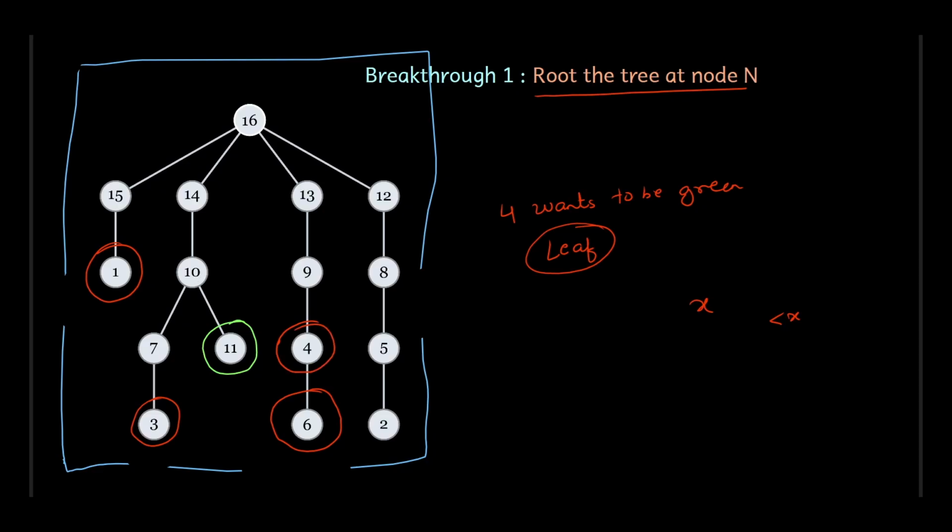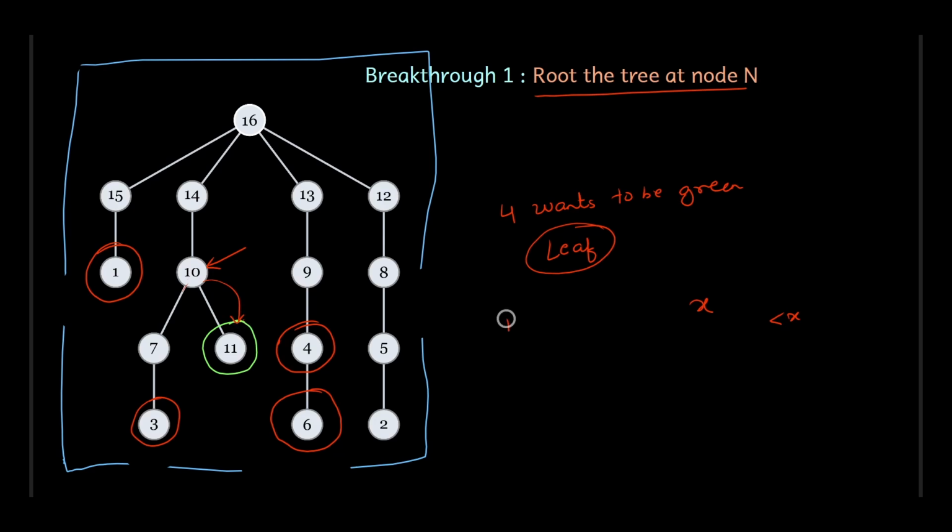What about 10? You can see that 10 is also such an element. Why? Because for 10 to turn green, it has to be exposed as a leaf. But if it is exposed as a leaf, then all of its neighbors must die first. But one of its neighbors is 11. Who can actually kill 11? Something that is greater than 11.